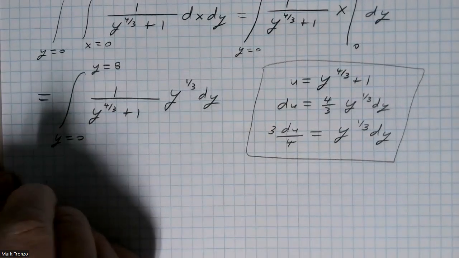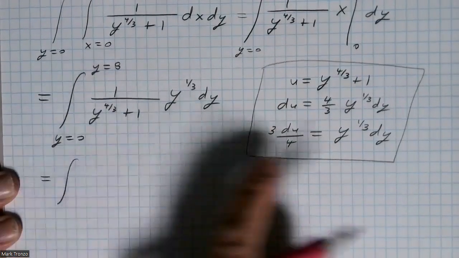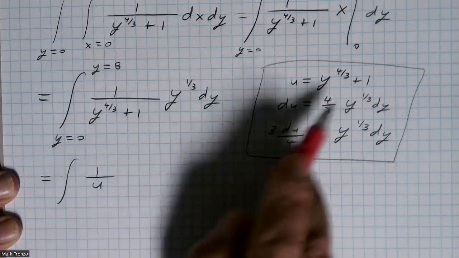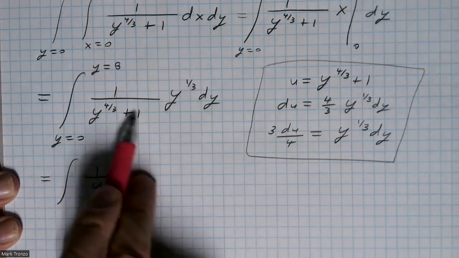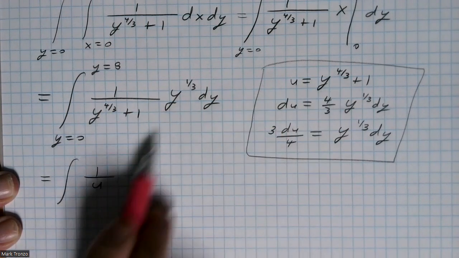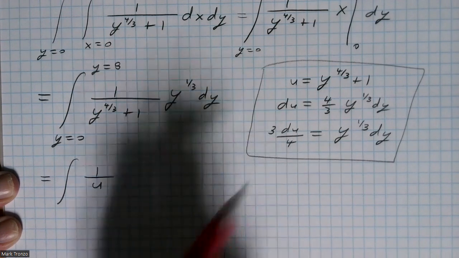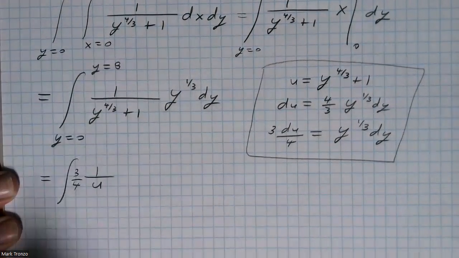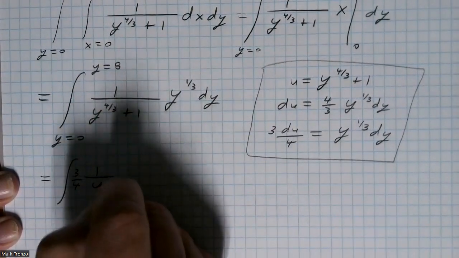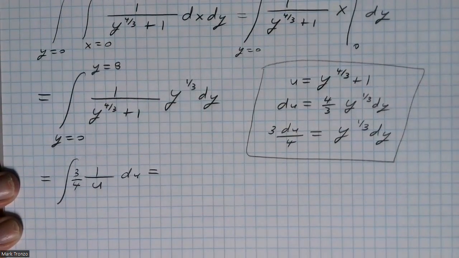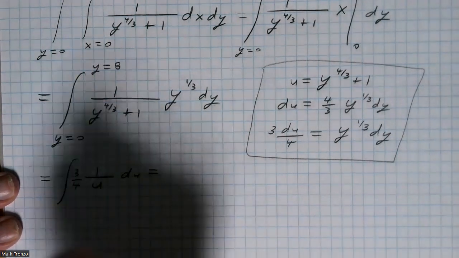So let's go ahead and do our substitutions. And this will be 1 over u, we're replacing y to the 4/3 plus 1 with u. And for this, we're going to put this. I'm going to put that 3/4 out front here to make it a little less cluttered. And this will be du. And go ahead and integrate this.